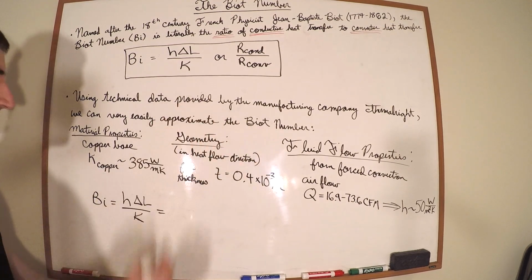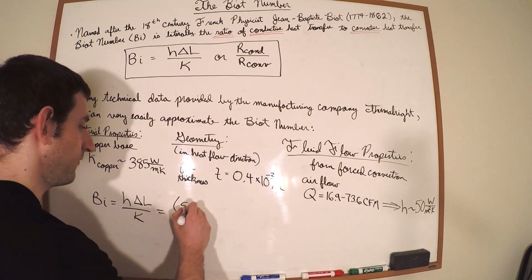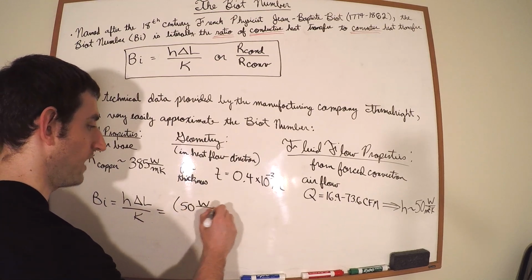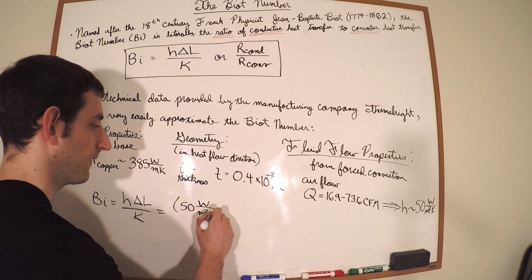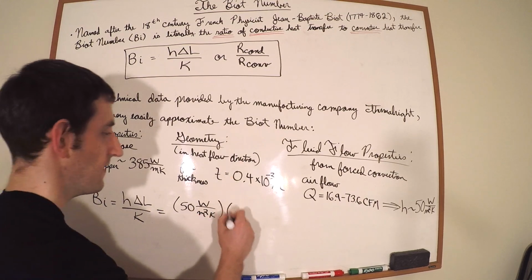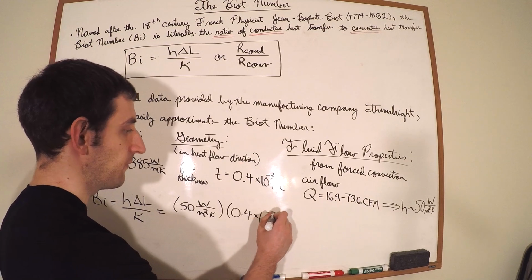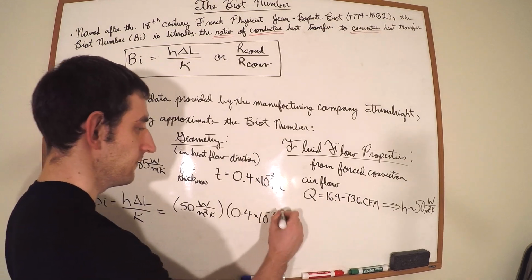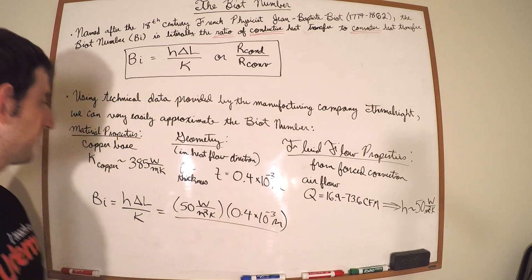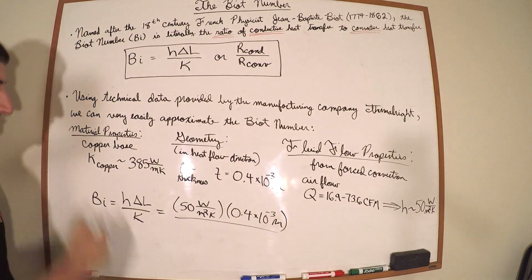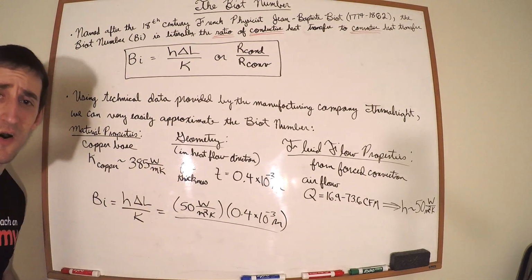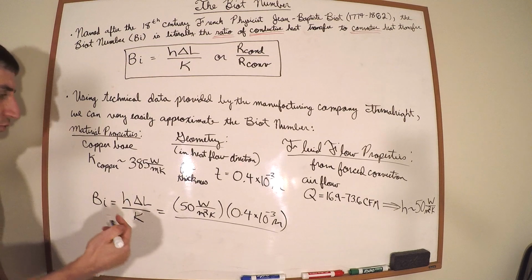And we can just plop these guys right in. So we get 50 watts per meter squared Kelvin times 0.4 times 10 to the minus third meter. And then we divide by the thermal conductivity. You can tell right now it's going to be a small number, right? And this guy's freaking huge.